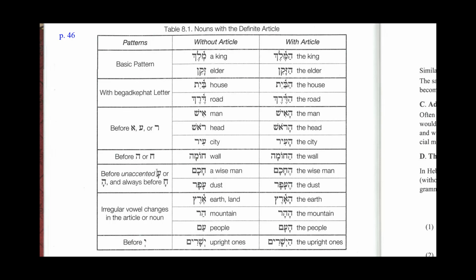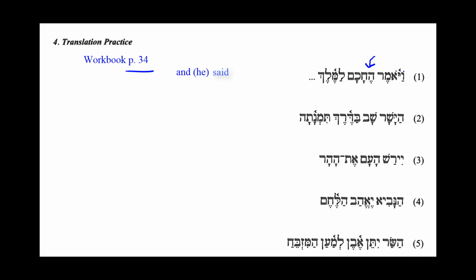Before unaccented ayin with kamets, or hey with kamets, and always before chet with kamets, come over here and the vowel for the definite article is a segol. That's what we're seeing in our example. So come back over here, we see that the vowel under the article is a segol.